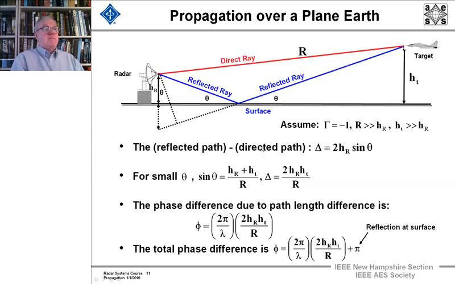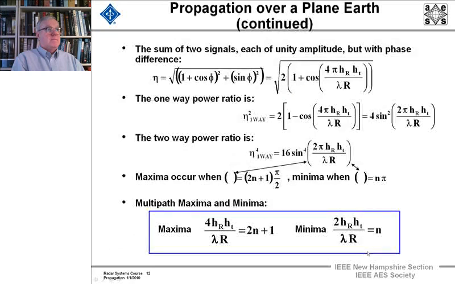And the reflected path minus the direct path is this expression. So the phase difference due to the path length difference is just 2 pi over lambda, 2 h sub r, and the height of the target divided by R. And the total phase difference is that factor, plus the factor of pi, which I mentioned, which is the factor of -1 at the surface. Okay. Now the sum of the two signals, each of unit amplitude, but with this phase difference, is this.